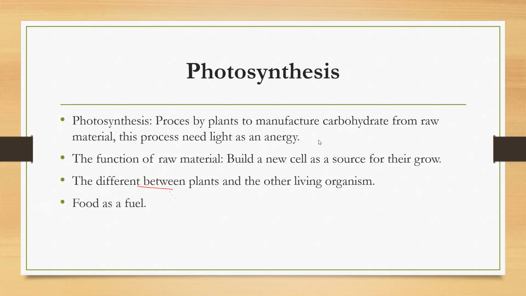The function of raw material is that it can become a source for plants to manufacture or produce carbohydrate as their food. So if they have raw material, they will make it become a carbohydrate.